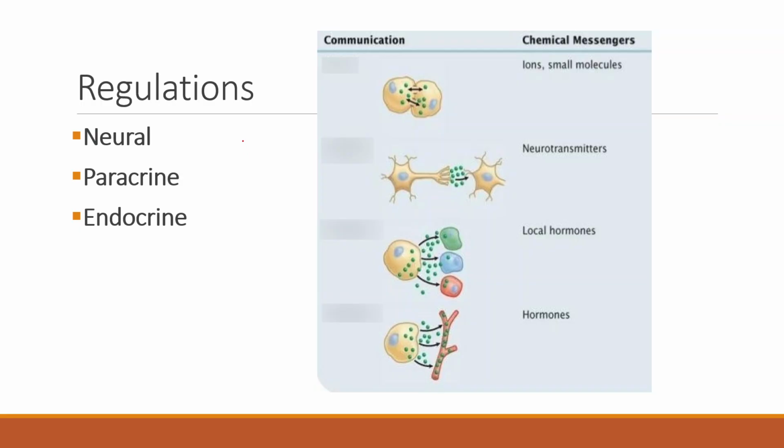Apart from this, how are various functions of GIT regulated? You might have studied this: one cell can communicate with another via various ions or secreting some molecules, or nerves can communicate, that is neural communication, where it secretes some neurotransmitter which acts on another nerve. There can be paracrine regulation, which is where one cell secretes something and it acts on a neighboring cell, that is your paracrine regulation. Paracrine regulation, right?